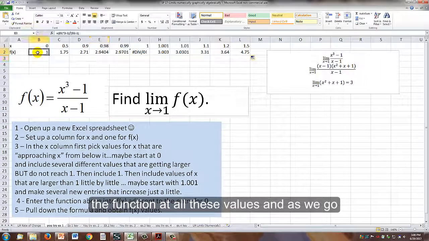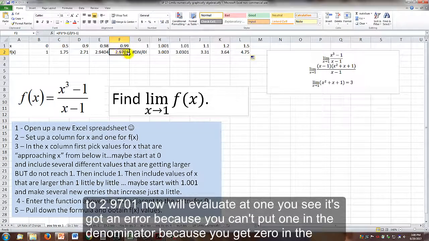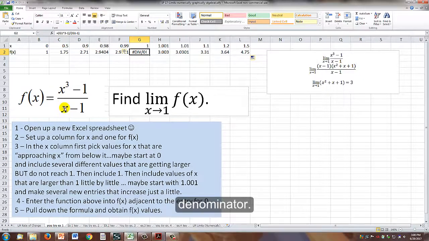As we approach 1 from the left, it goes from 1 to 1.75 to 2.71 to 2.9404 to 2.9701. Now when we evaluate at 1, you see it's got an error because you get 0 in the denominator.